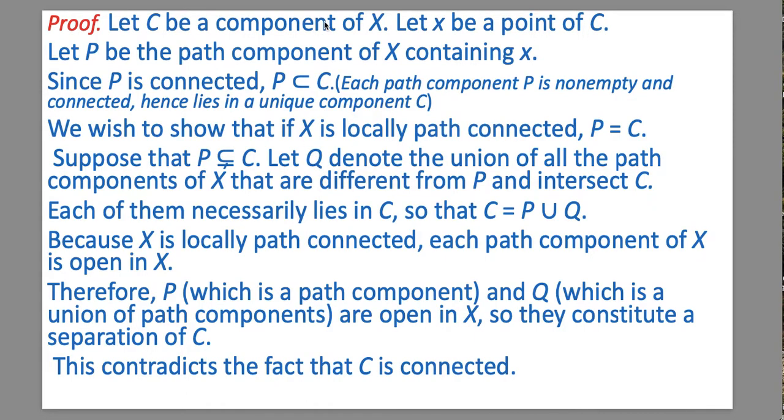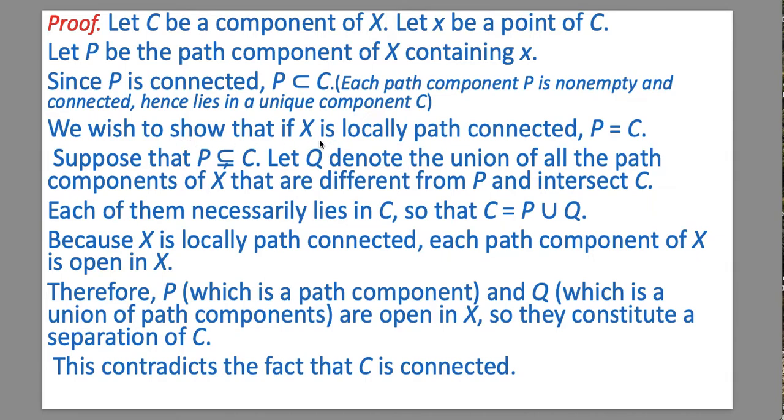Suppose C is a component of X and x belongs to C. Let P be the path component of X containing x. Since P is connected, P is a subset of C. Each path component P is non-empty and connected, hence lies in a unique component C.